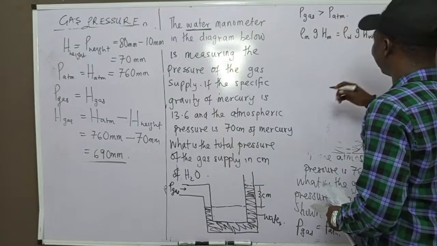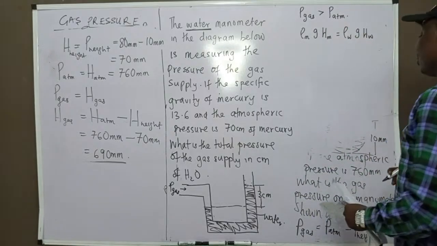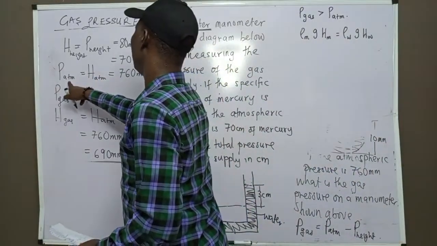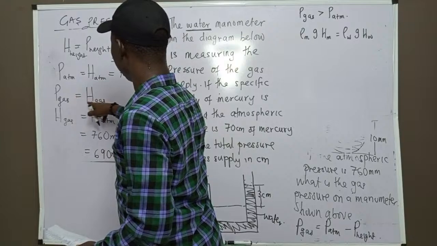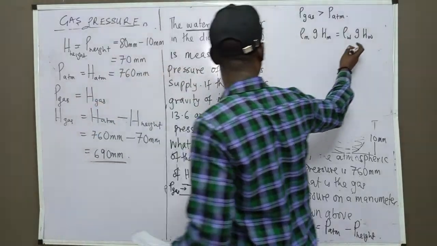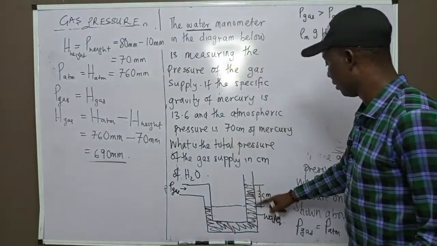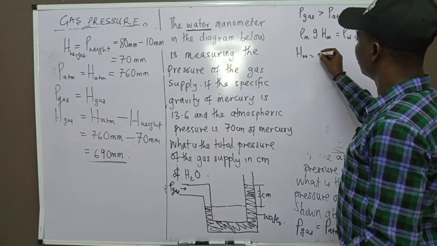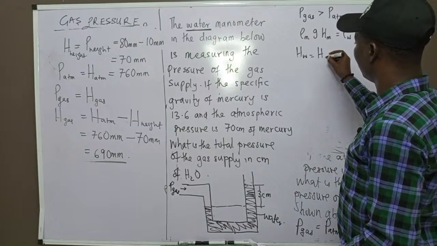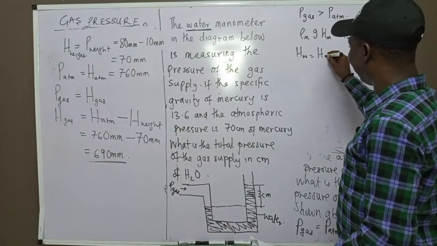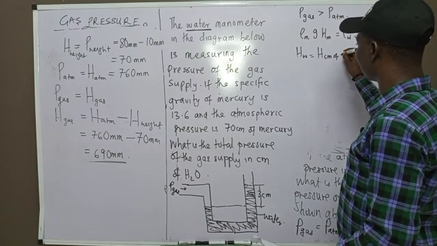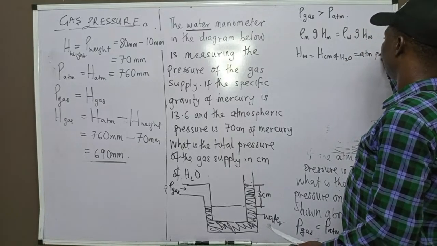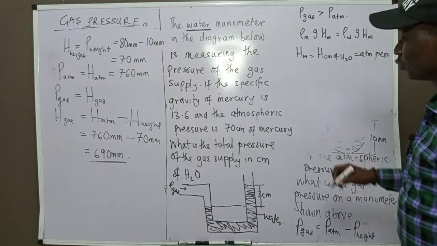We need the height of water, and that height of water will be equivalent to the height of water in centimeter of water. That means the atmospheric pressure of the water. So that's what we want to use now.